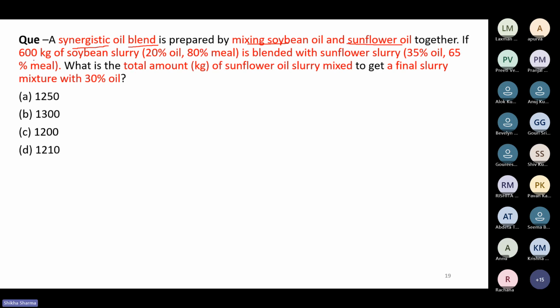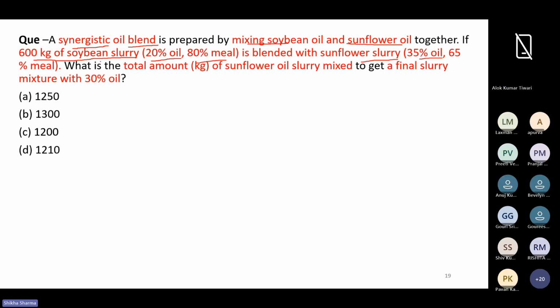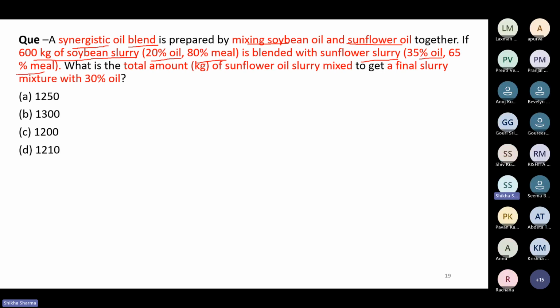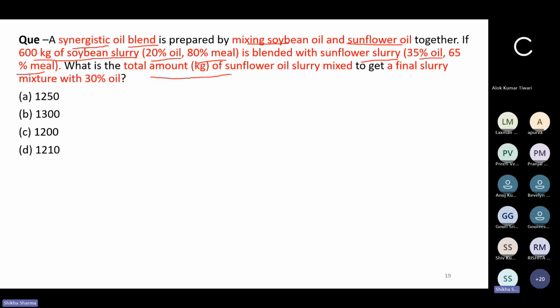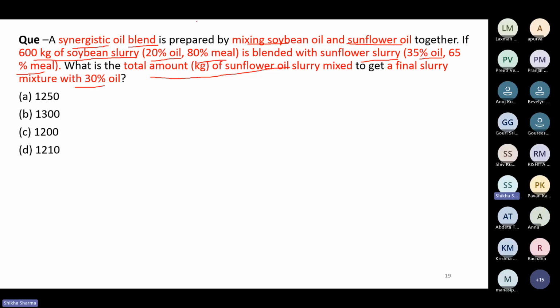If 600 kg of the soybean slurry, which has 20% oil and 80% meal, is blended with sunflower slurry, which has 35% oil and 65% meal, what is the total amount of the sunflower oil slurry mixed to get a final slurry mixture with 30% oil?